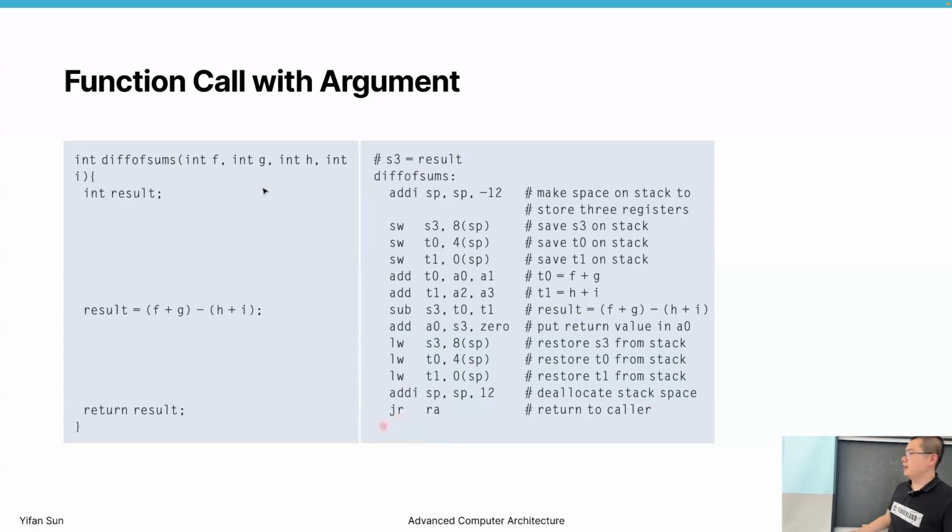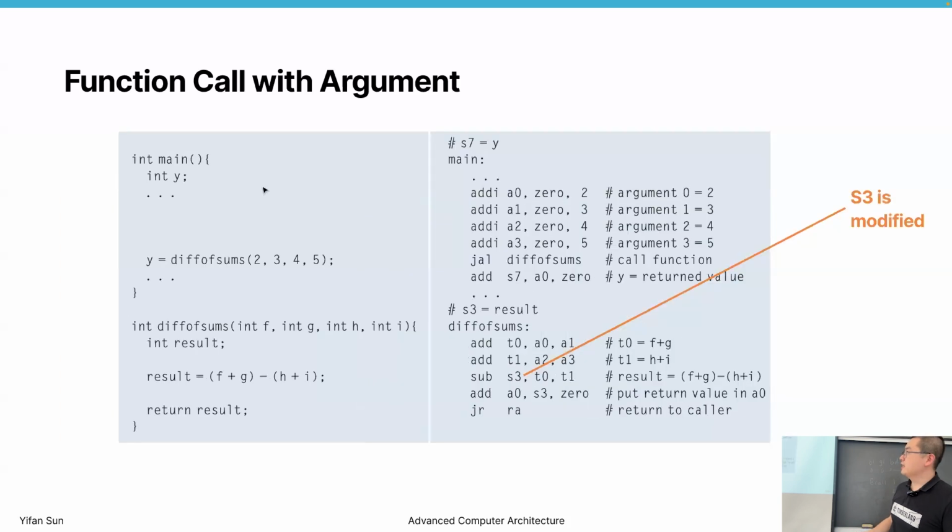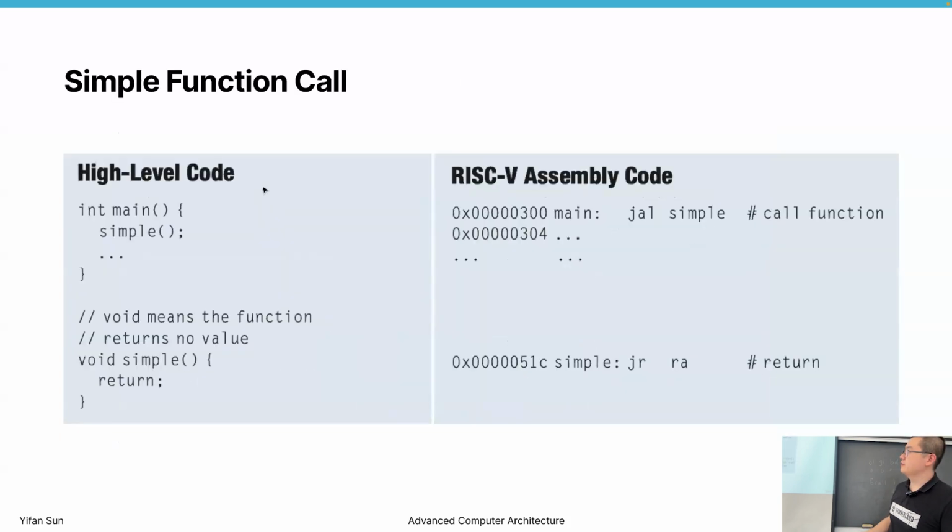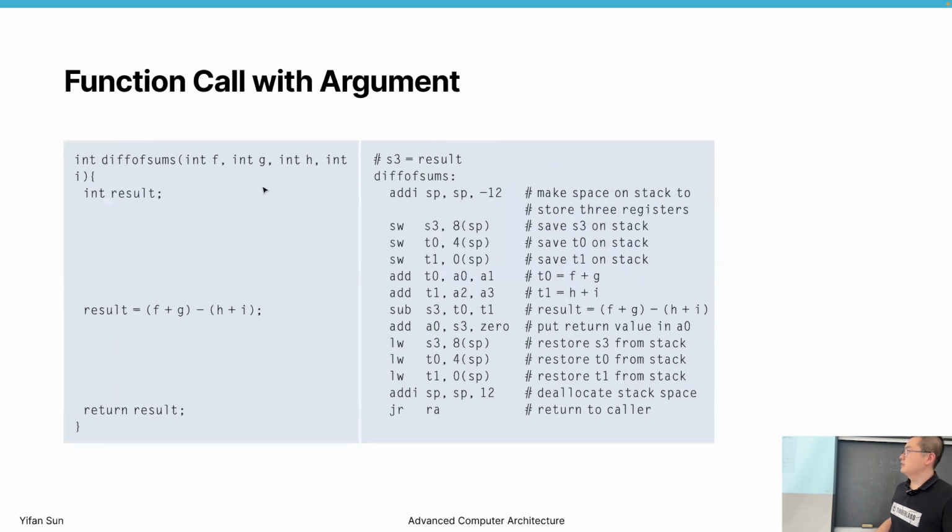That also answers the question: the modification of SP is not a side effect of JAL, because here we need to explicitly modify SP, since your core doesn't really know how large your stack frame is.